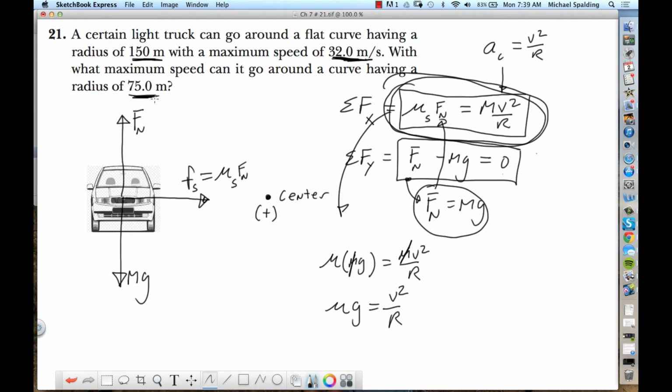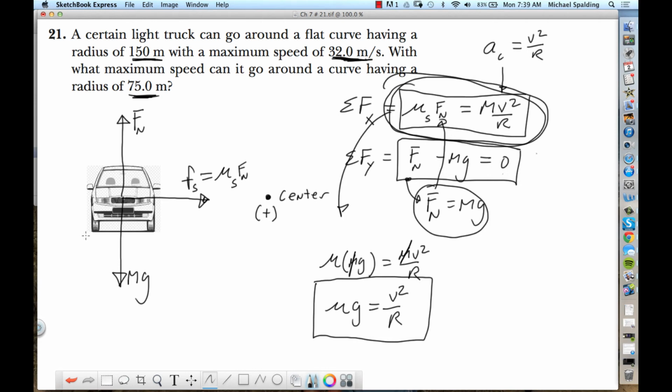So look, what stays constant from situation 1 to situation 2? So here's the equation I've derived so far. Is the coefficient going to change? No, dude. The coefficient is a measurement between the tires and the road. If situation 2 were suddenly on ice, then that would change the coefficient.